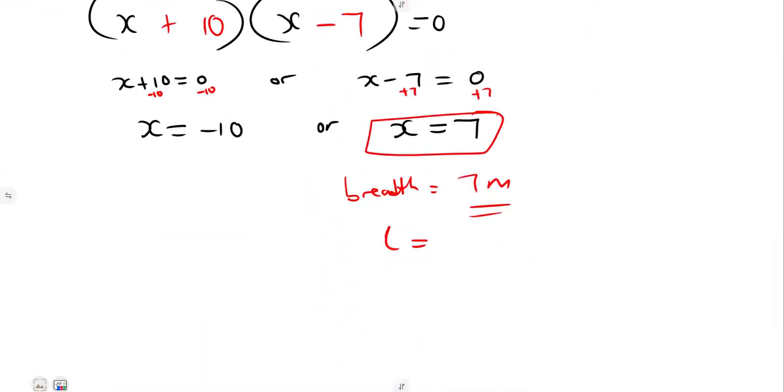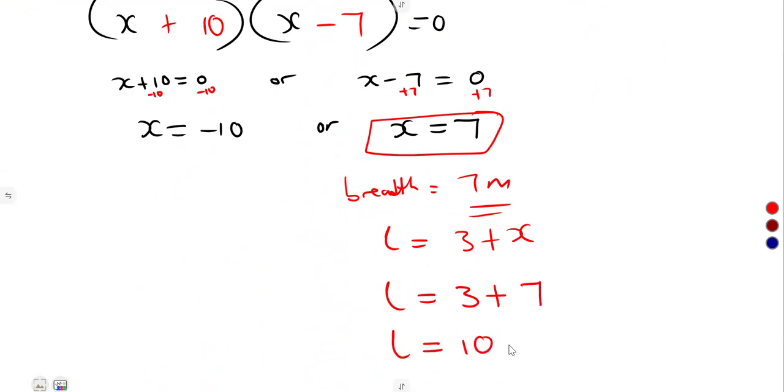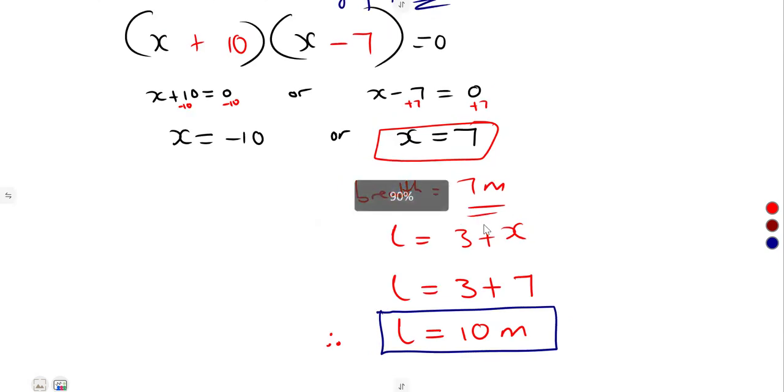So if we have x as 7, it's going to be 3 plus 7. And that's our length. 3 plus 7 is 10. So therefore, we have got our length, which is 10 meters.